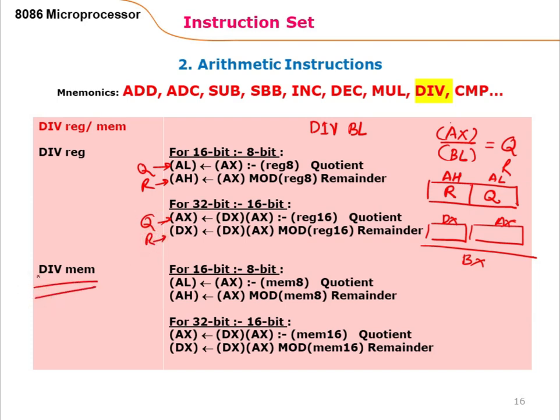Similarly, we can use the division instruction with memory instead of a register. The value in the memory location acts as the second operand. So AX is divided by the 8-bit memory value, or DX and AX are divided by the 16-bit data stored in the given memory.